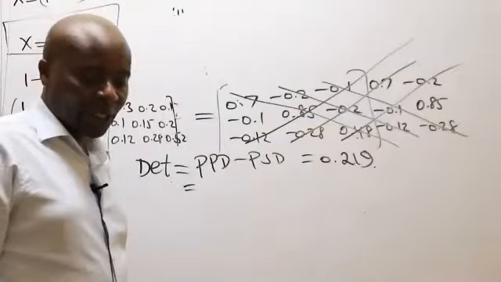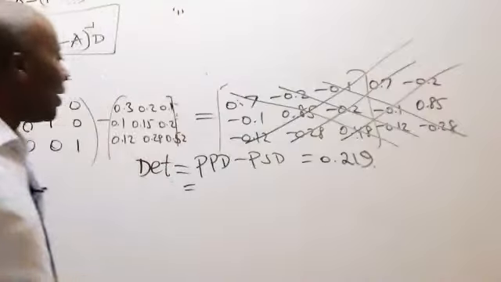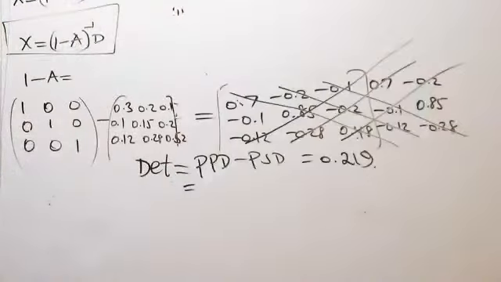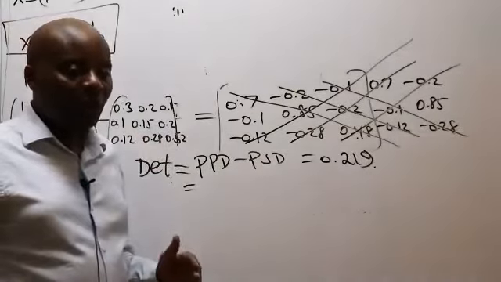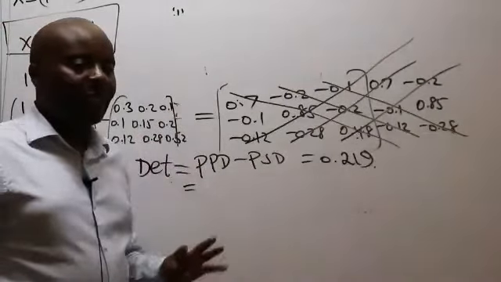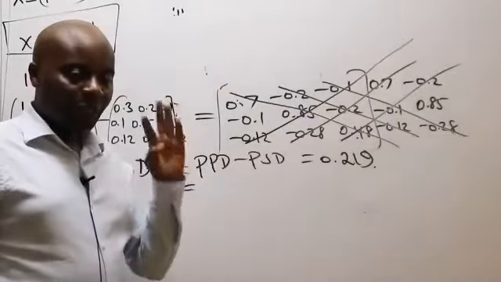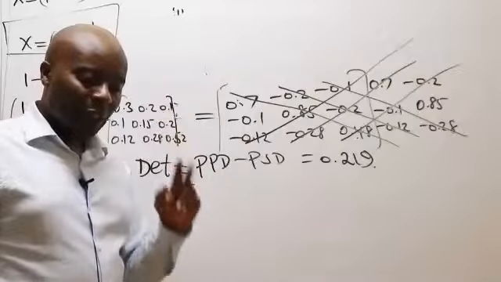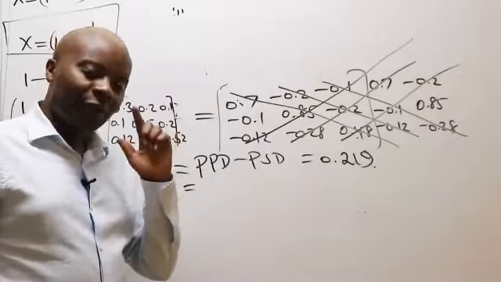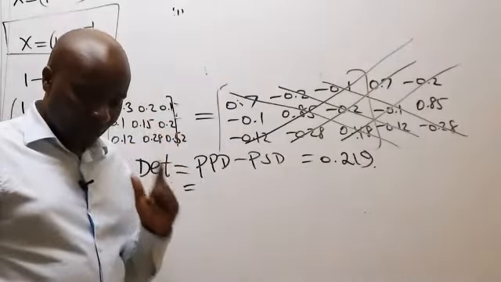Now, ladies and gentlemen, having gotten the determinant, I remember that we have 4 basic steps. Number 1, we have the determinant. Number 2, the minor. Number 3, the cofactors. Number 4, the inverse definition.